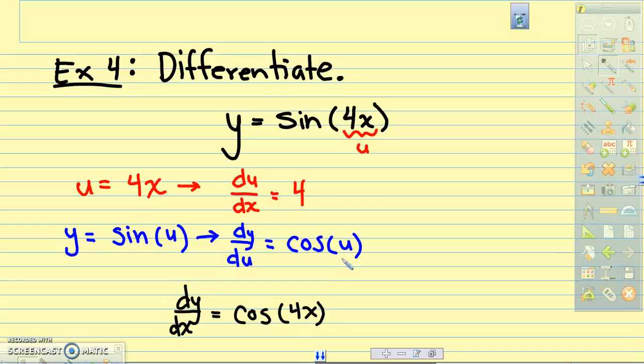I just went ahead and plugged in u is equal to 4x right away, times 4, which is the same as 4 cosine of 4x. Okay, and that will be all for this video.